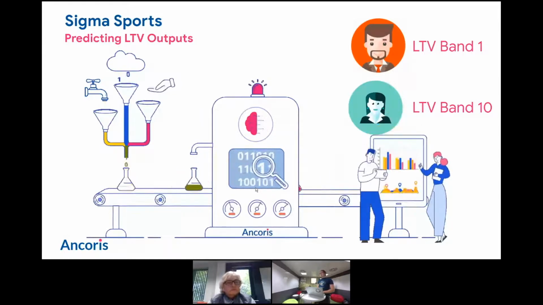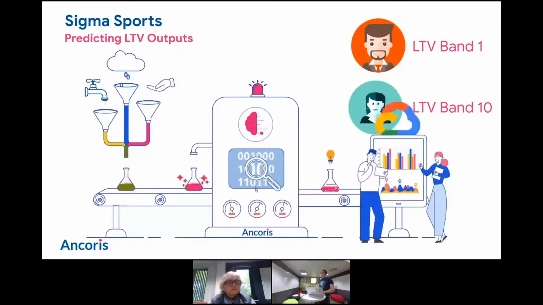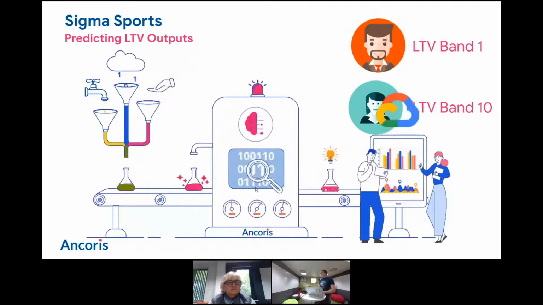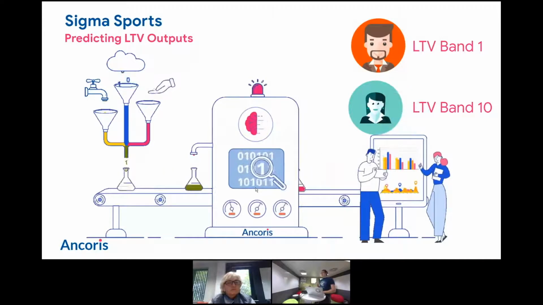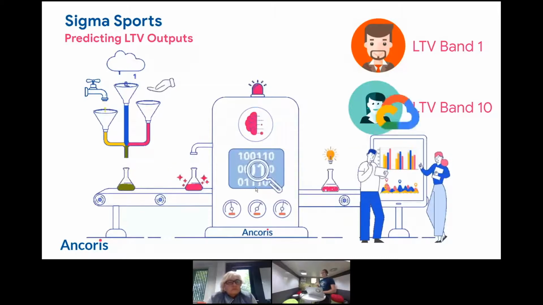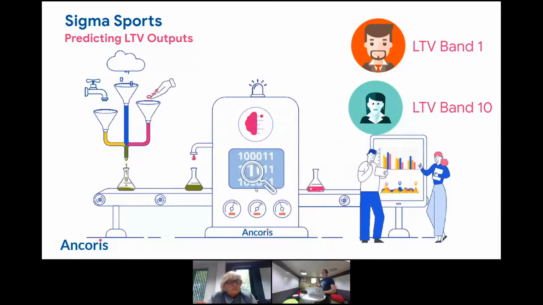And that's really useful for any retailer, because, for example, if you want to target your advertising, if your goal is to get high value customers and your LTV, your value, is tied to revenue, then from this you can see which customers are likely to be those high value, and therefore you target your advertising at those customers.